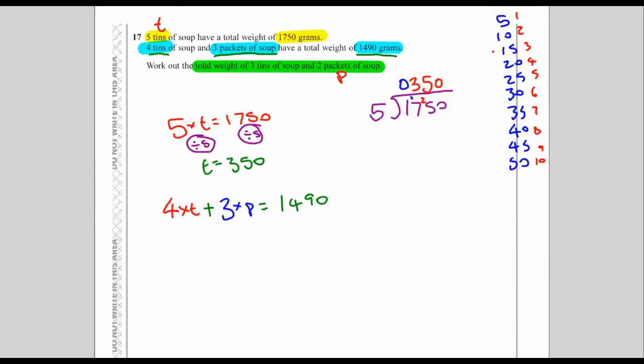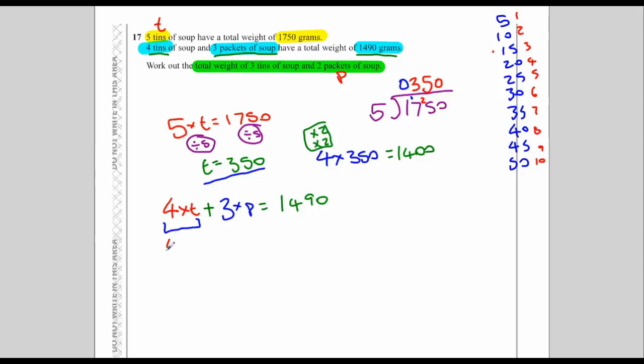Now we should be able to figure out what 4 lots of T are, because 1 lot of T is 350. 4 times 350, well, I've told you a trick for times by 4. Times by 2 is a trick. So 350 times 2 is 700, times 2 again, 1,400.